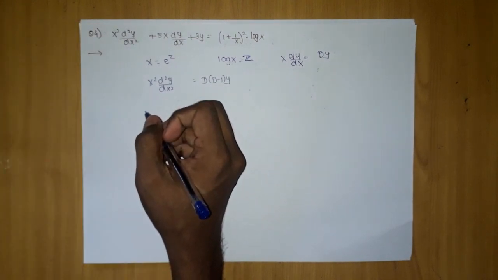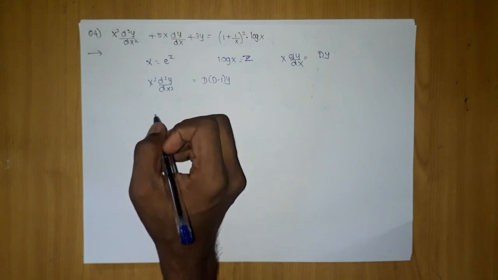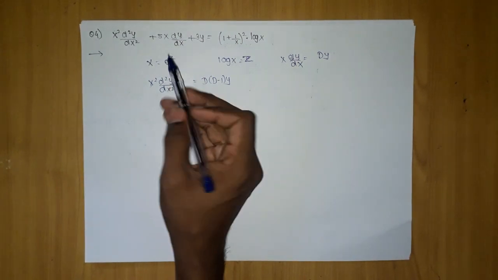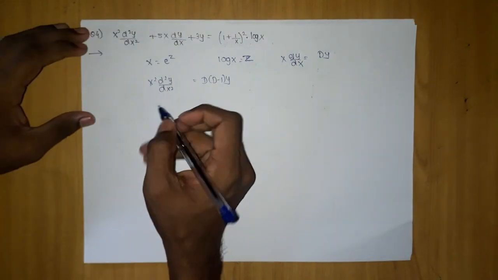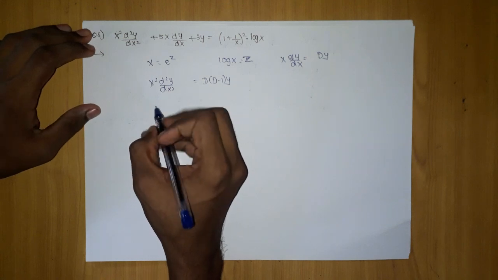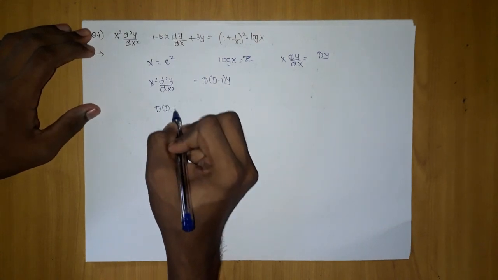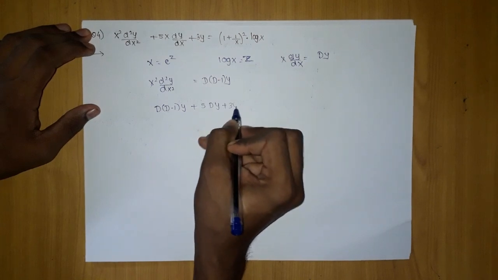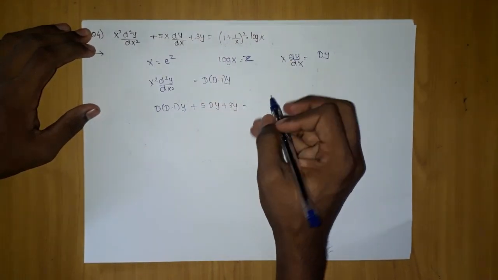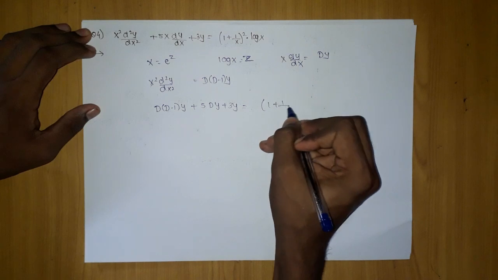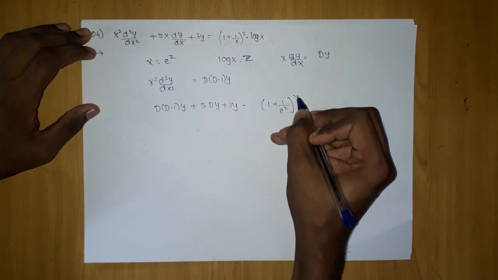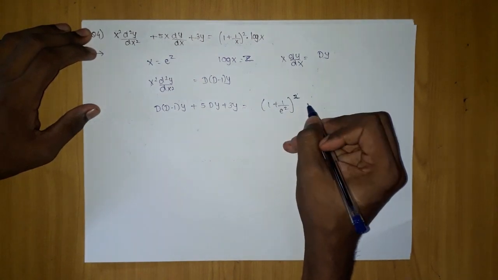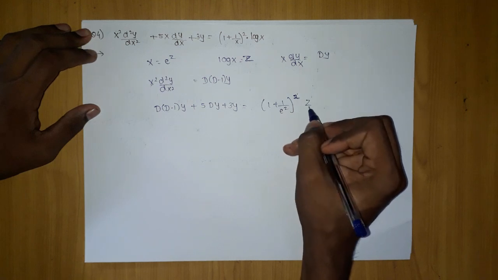After doing all this, you are going to focus on getting this Cauchy differential equation into a higher order differential equation with constant coefficients, which will be d into d minus 1 into y plus 5 into dy plus 3 into y equal to, you are going to substitute the values 1 plus 1 by e to the power z for x, and for log x it will be straightforward z.